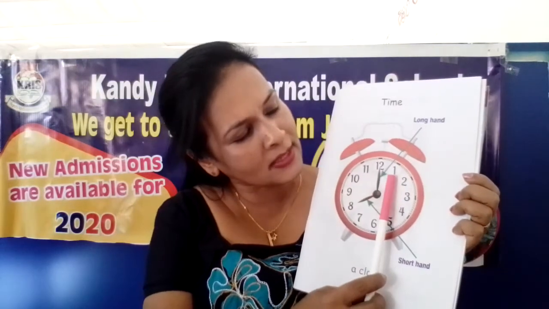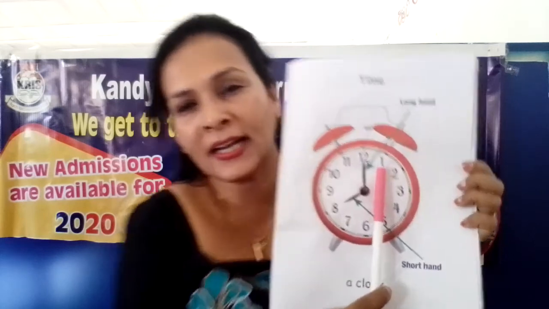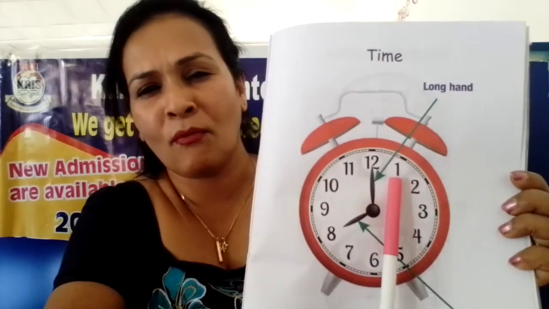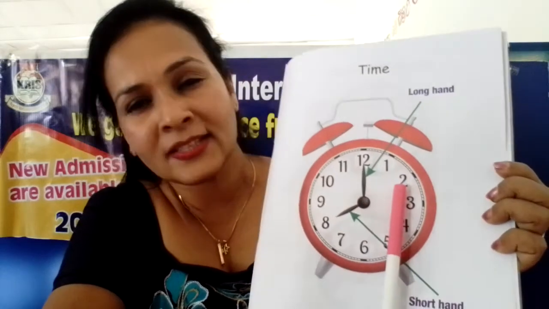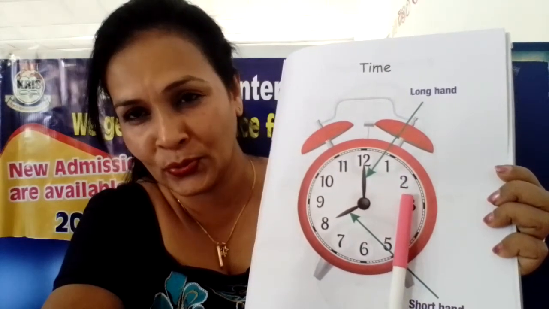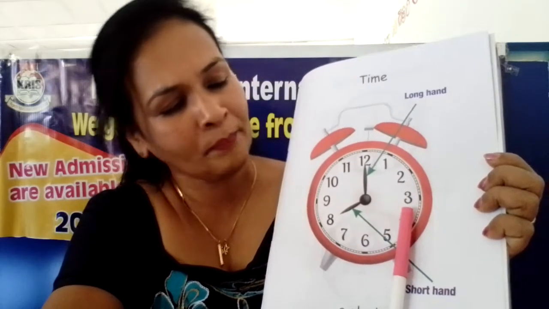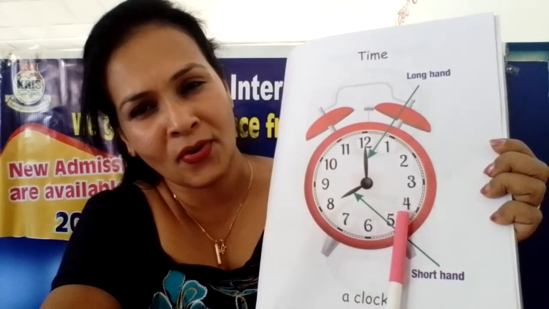and how to use these two hands to read time. Okay. Now see, my students, you already know how to read these numbers. What is this number? Read. I can't hear. Read loudly. Number 1. Number 2. Number 3. Number 4.